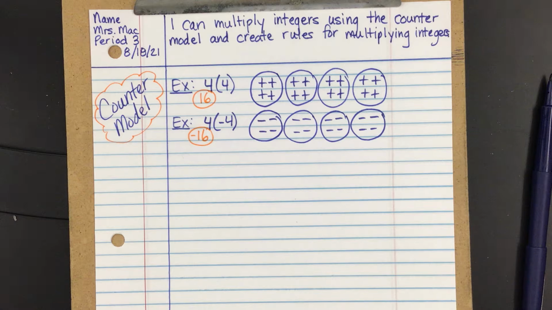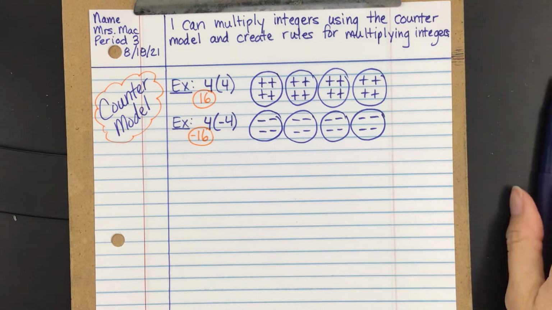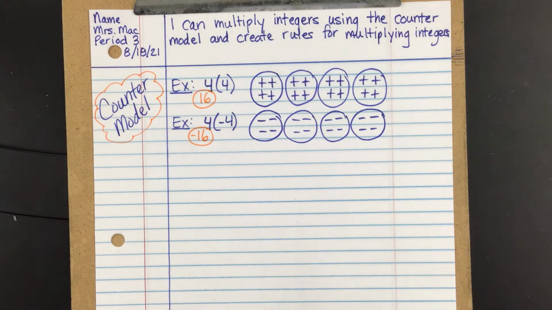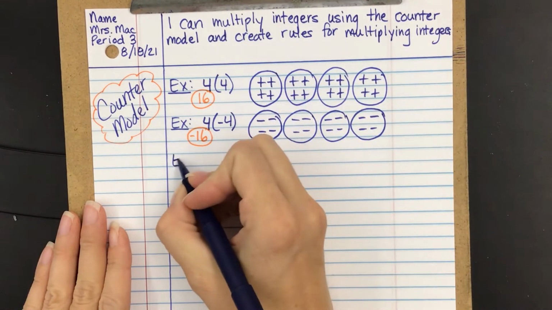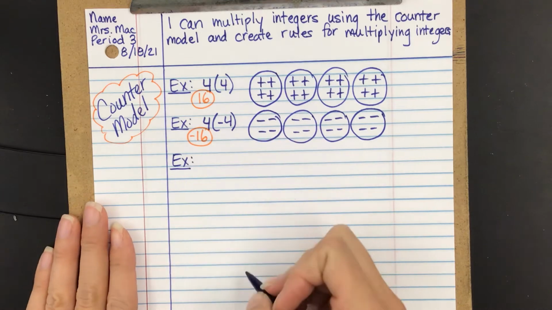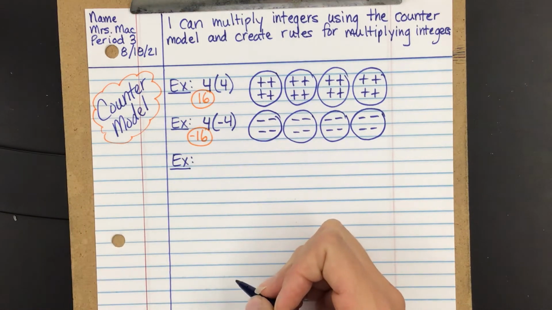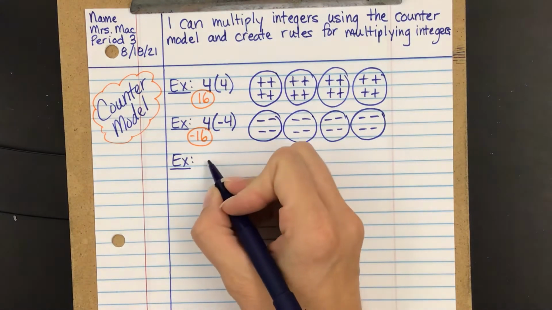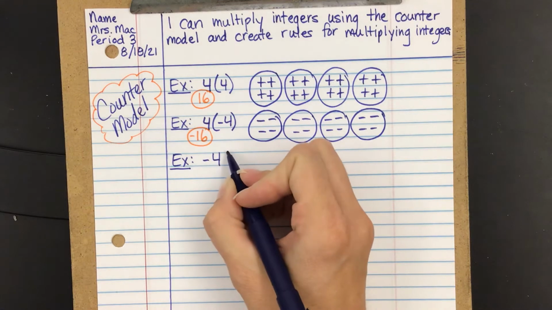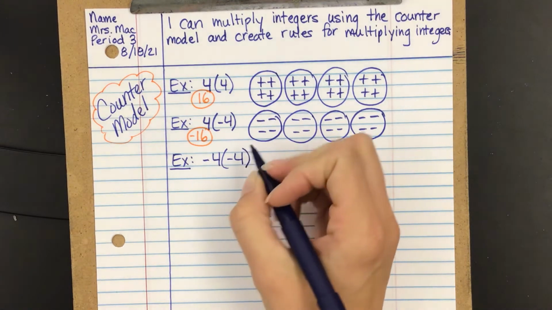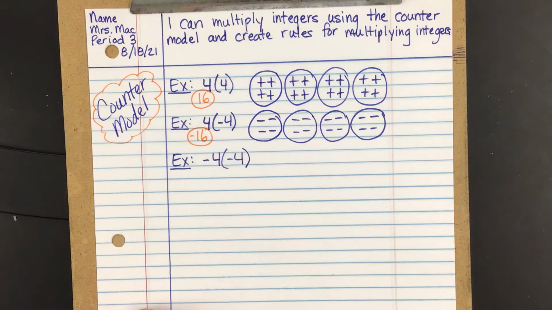Everyone good? Okay, now let's look at the case when you have a negative times a negative. Let's use the same numbers, okay? We're going to do -4 times -4 this time. Now remember that negative really means the opposite.